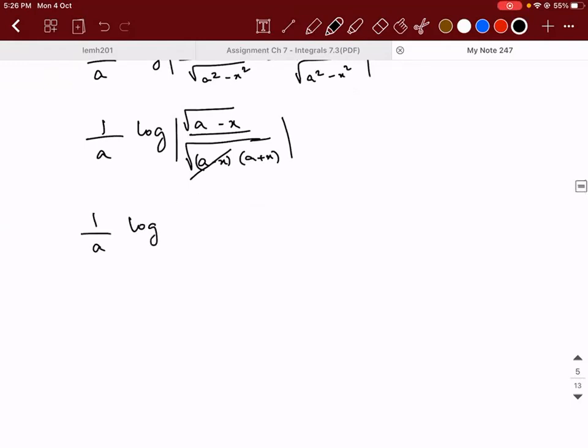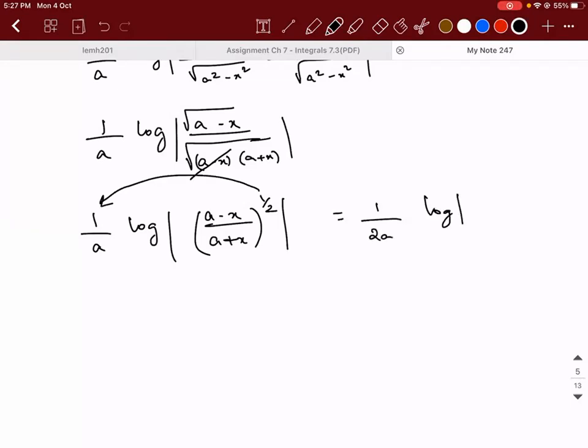So 1 by a into log of a minus x divided by a plus x, the whole power half. Can I write it like this? Then this half will come here as a multiplication factor. 1 by 2a into log of a minus x divided by a plus x plus c. Correct? So is it not the same? Yes, sir, the same.